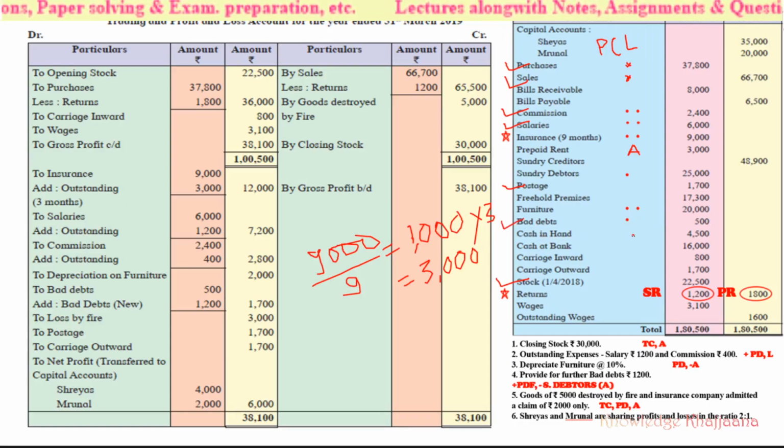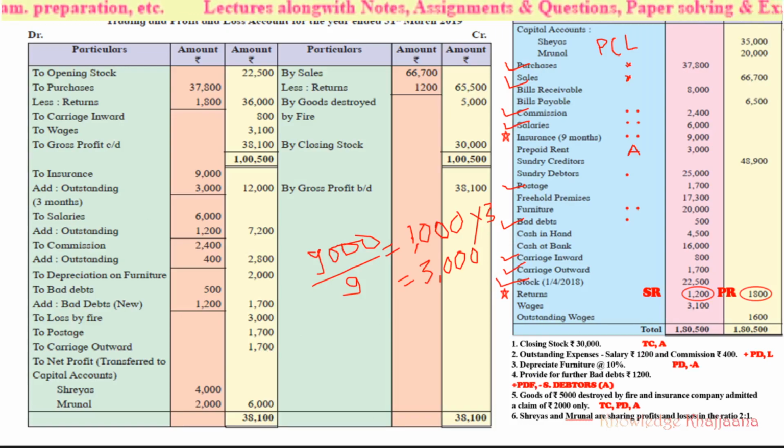Then cash in hand asset, cash at bank asset, carriage inward rupees 800. Carriage inward rupees 800 will be recorded to the trading account debit side. Then carriage outward rupees 1700.